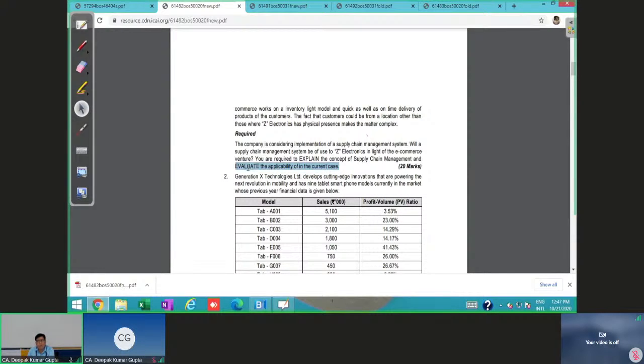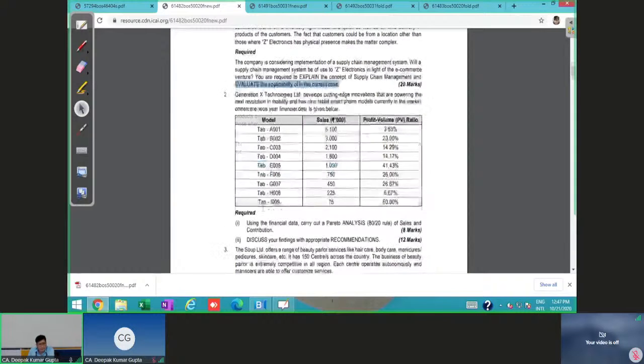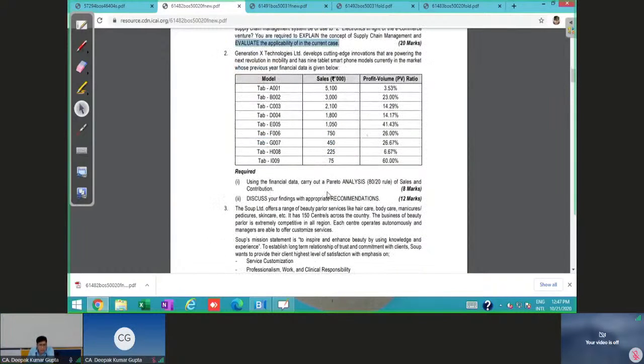You have to see what issues are in your favor and what issues are against you, and then you have to give a proper conclusion. In the second question, using the financial data, carry out a Pareto analysis and discuss your findings.